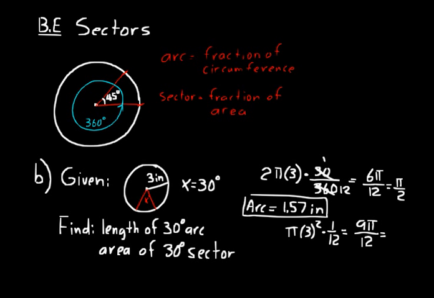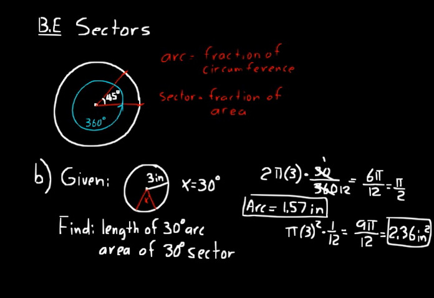We could simplify that more, or let's just calculate it out. 9 times 3.14 divided by 12 is equal to 2.355, or rounded to 2 decimal places, 2.36 inches squared. And that would be the area of that section.